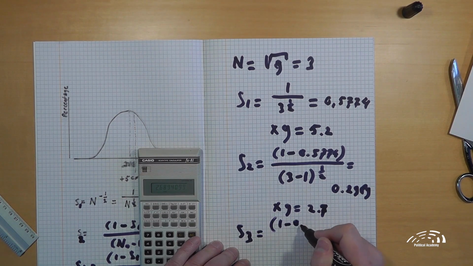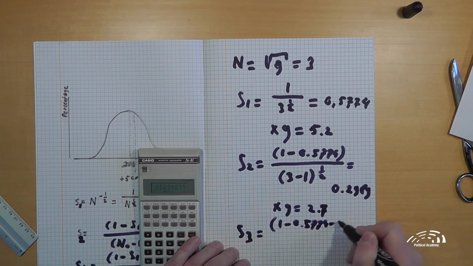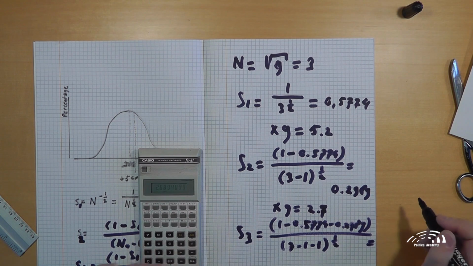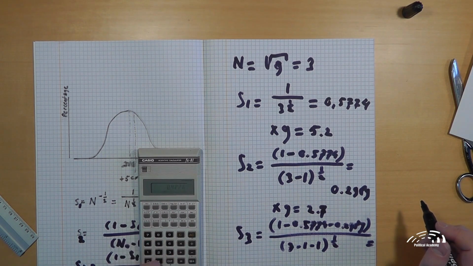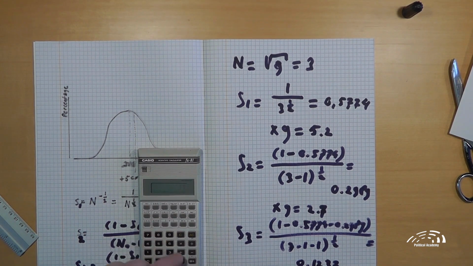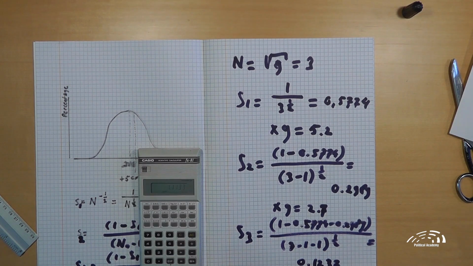And the third party: 1 minus 0.5774 minus 0.2989 divided by 3 minus 1 minus 1 to the power 1/2 equals, this is basically 1, so the share is 0.1237, times 9 equals 1.1.